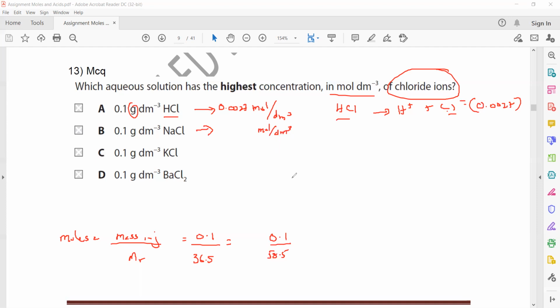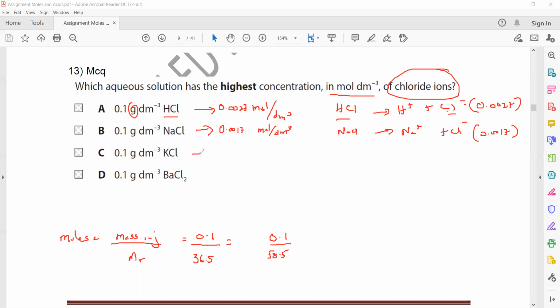It will be less than the first value because we are dividing by a greater denominator. So it is 0.0017. And NaCl dissociates into Na plus and Cl minus. Again the ratio is 1 to 1, so the concentration of the chloride ion will be 0.0017.